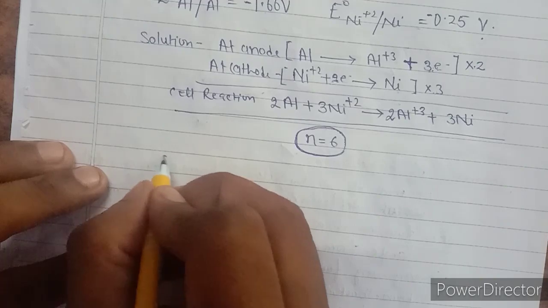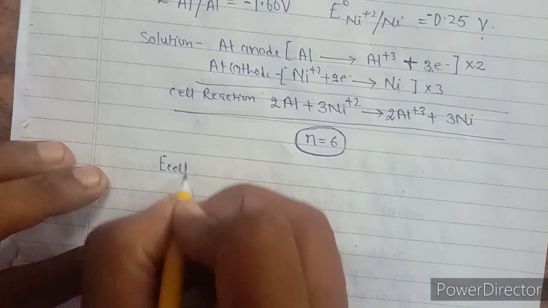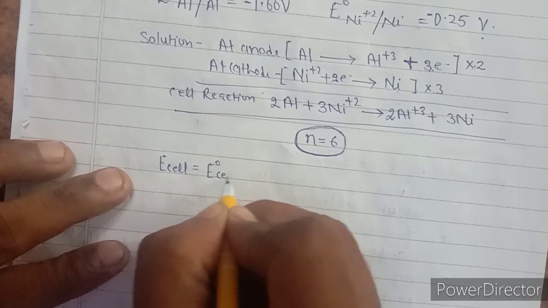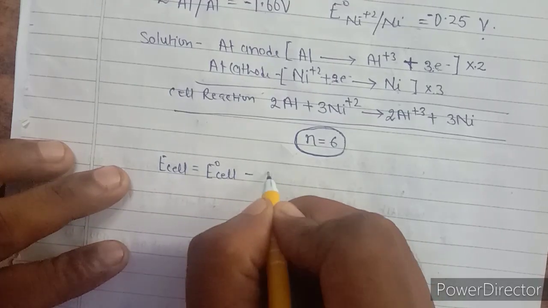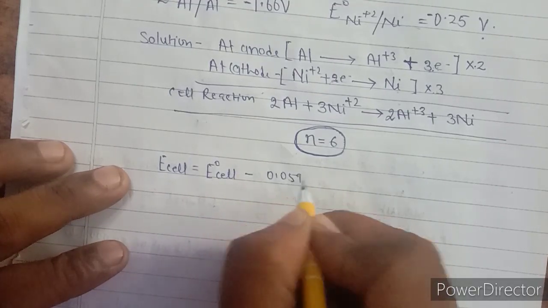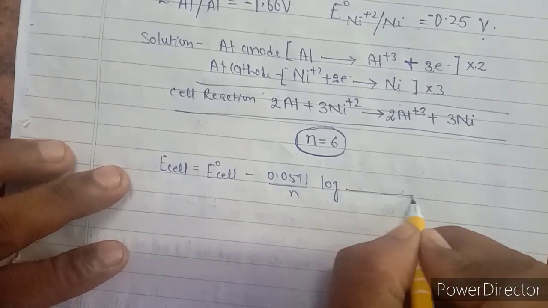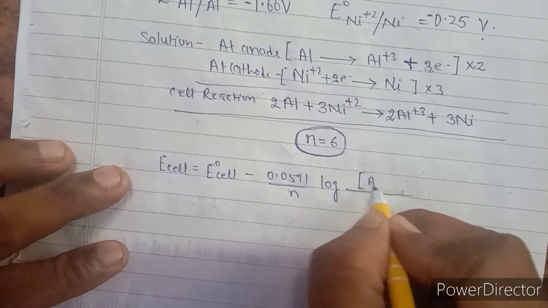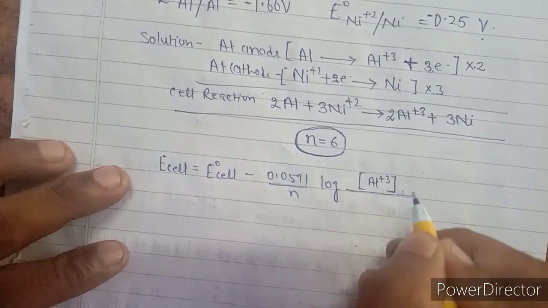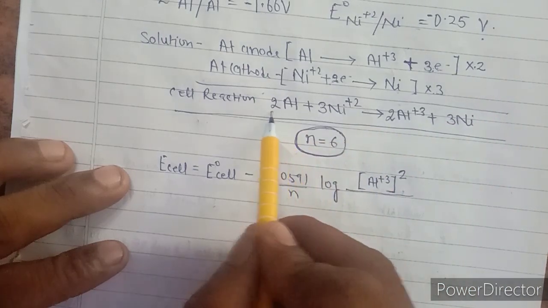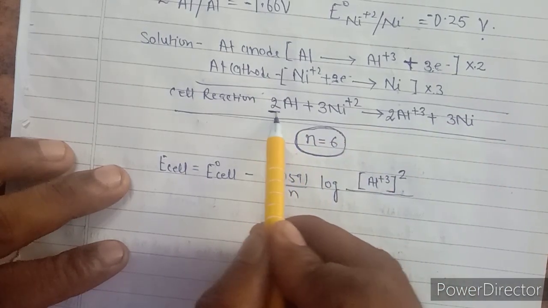When you write the Nernst equation for this cell reaction, it is E cell is equal to E cell naught minus 0.0591 divided by n log, here the aluminum ion concentration raised to the power 2, because in this equation 2 is used as the stoichiometric coefficient.